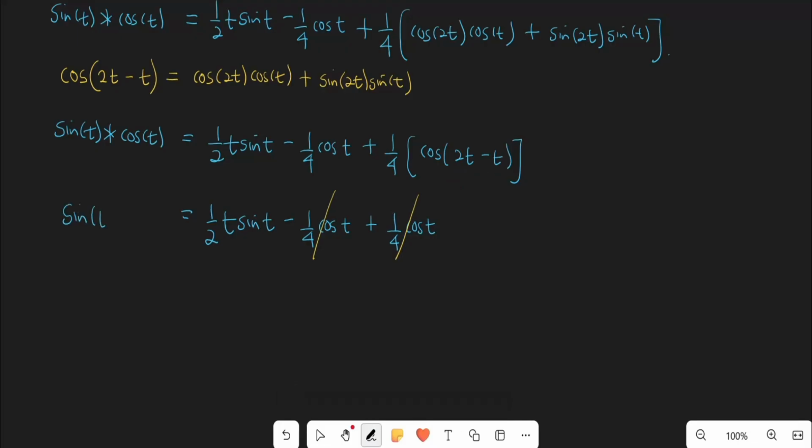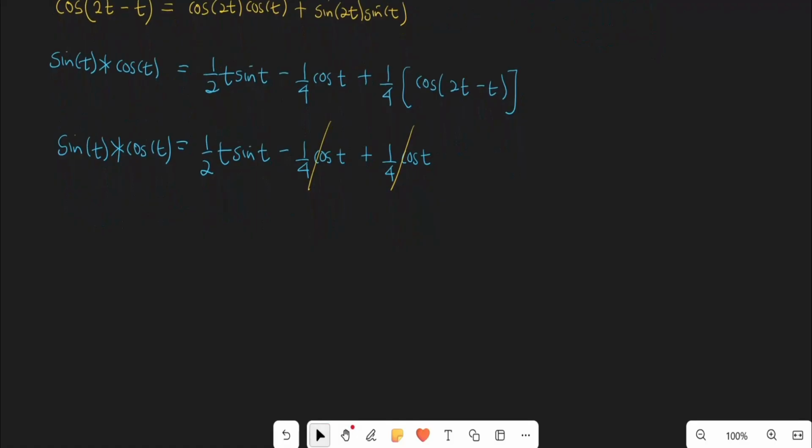So the sine of t convoluted with the cosine of t is equal to 1/2 t times sine of t.